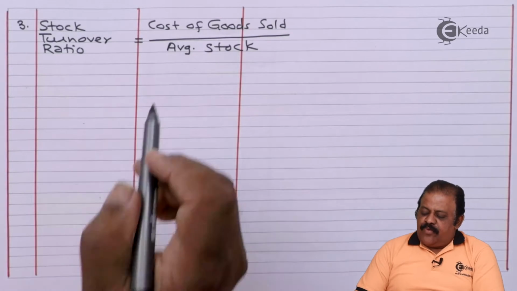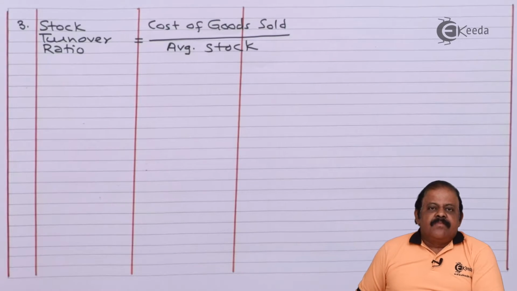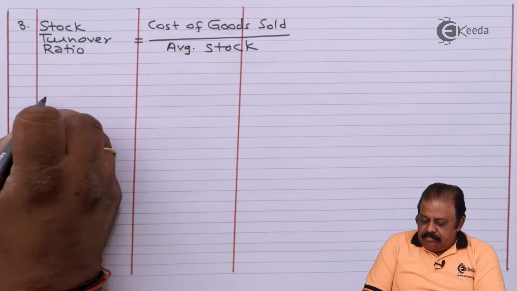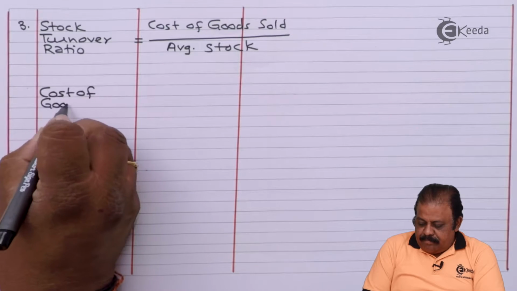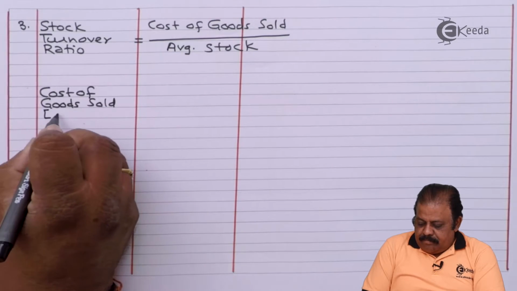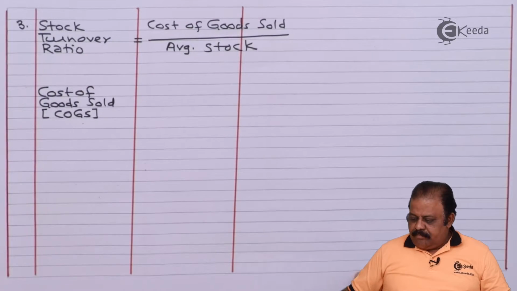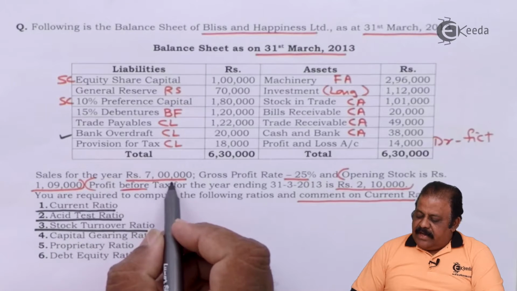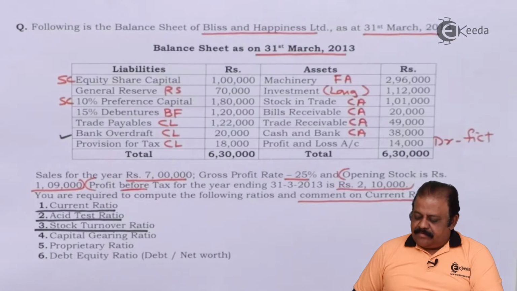Stock turnover ratio formula is cost of goods sold divided by average stock. We are required to calculate these two values first. Sales for the year is given 7 lakhs and gross profit rate is given 25%.